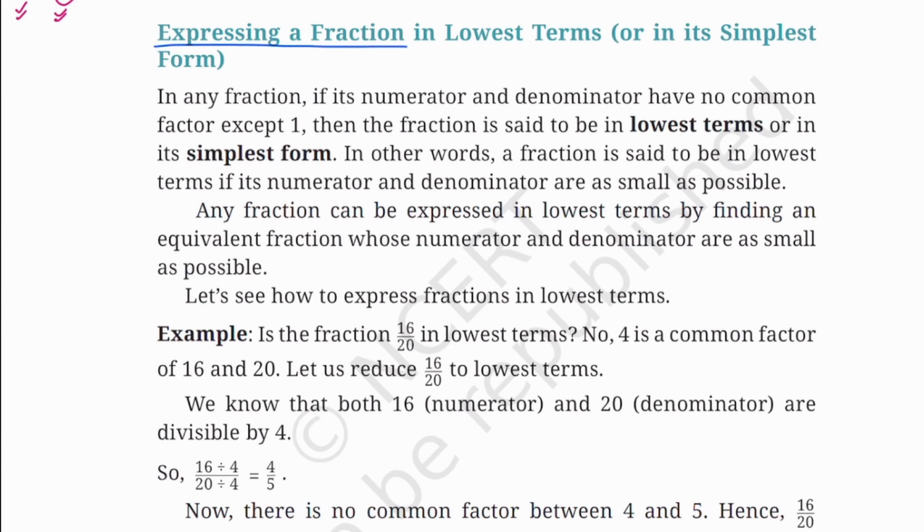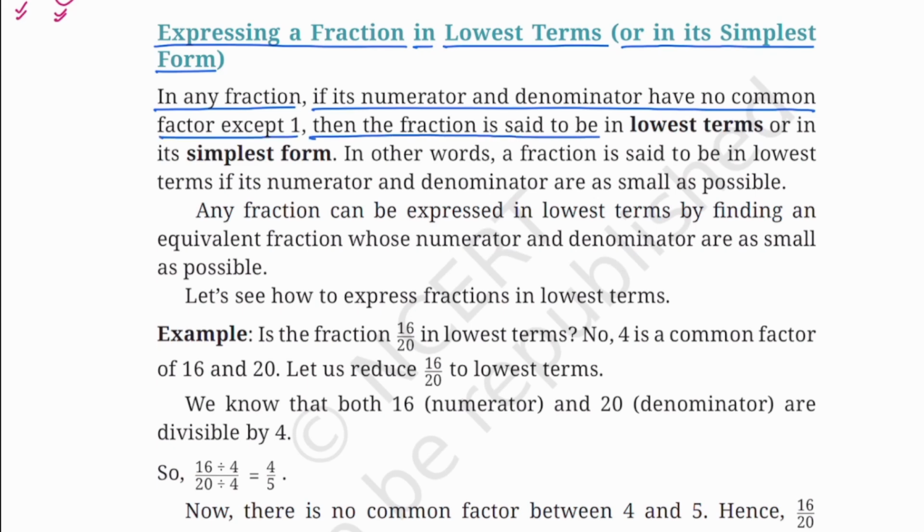Expressing a fraction in lowest terms, or in its simplest form. In any fraction, if its numerator and denominator have no common factor except 1, then the fraction is said to be in lowest terms or in its simplest form.